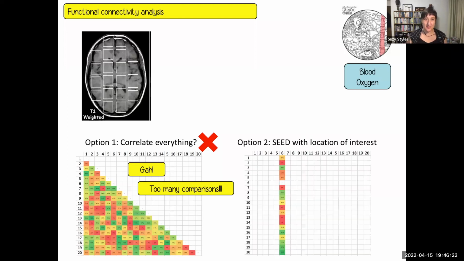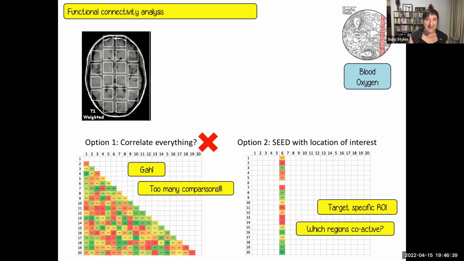The second option that we have is we can pick a particular location of interest and use that as the starting point for all of our correlations. So if we were to pick box 6 in the brain and say, how is box 6 related to every other place in the brain? We would be targeting a specific region of interest and finding out which other regions are most strongly co-active.